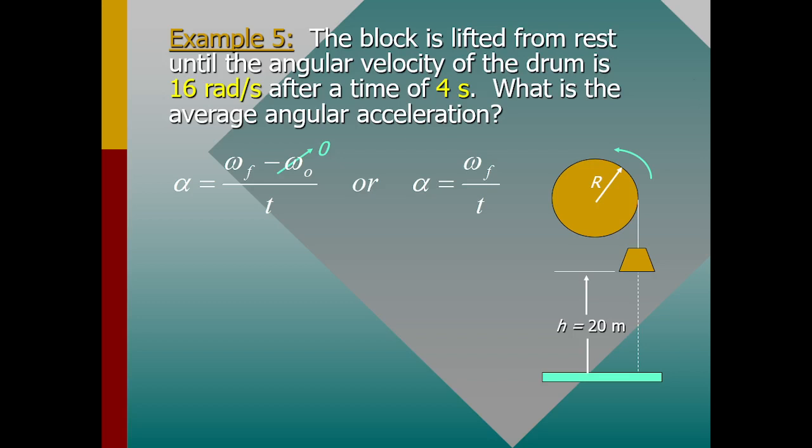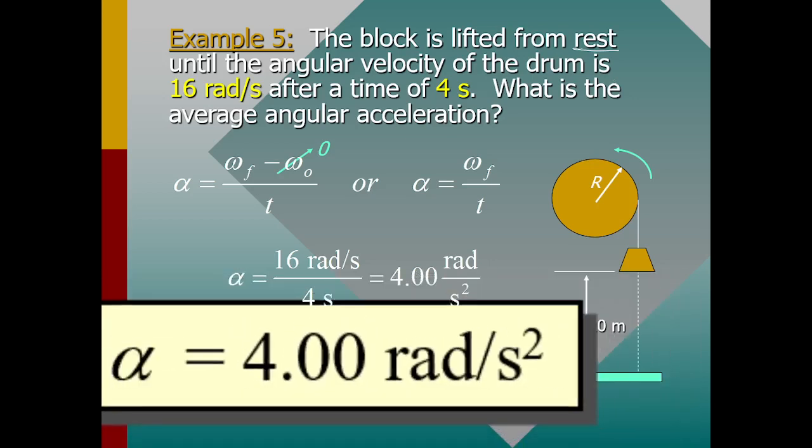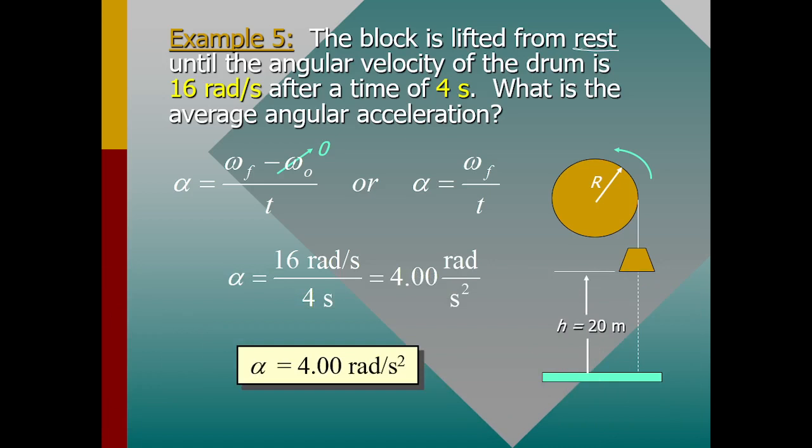Since it's starting from rest, the initial angular velocity is 0. When you plug in, your answer will be alpha equals 4 rad per second squared.